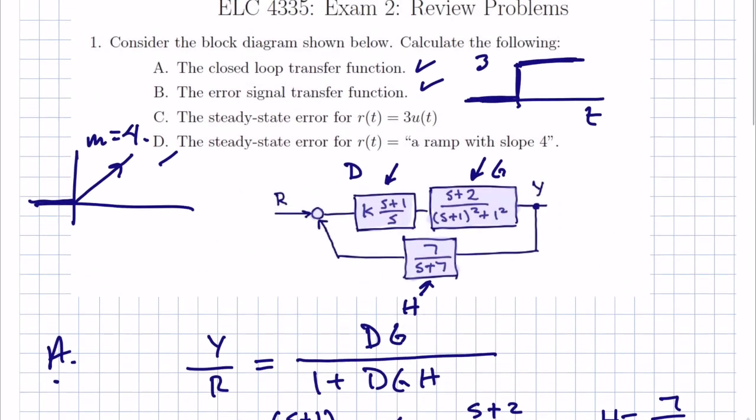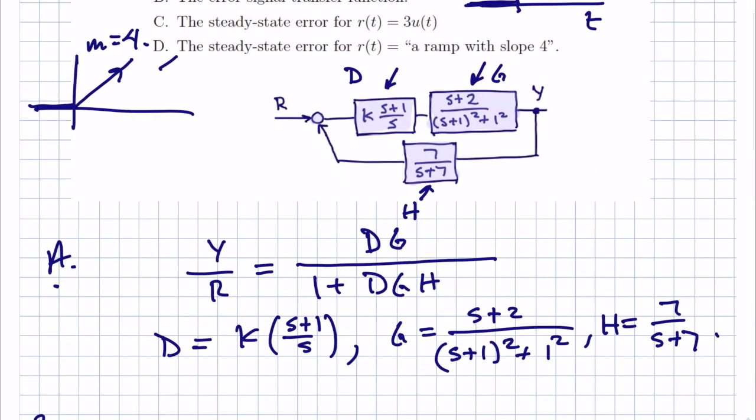So in part B, one way you can do that is to just notice that this is a type 1 system. How do I know? Well, I look and I see this s in the denominator, so that means there's a pole at the origin.